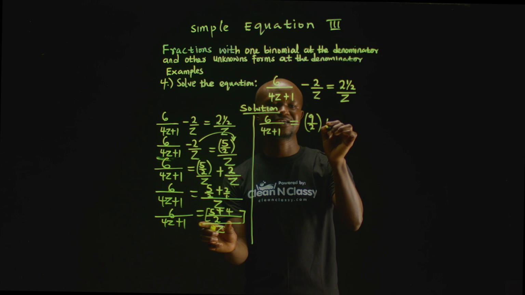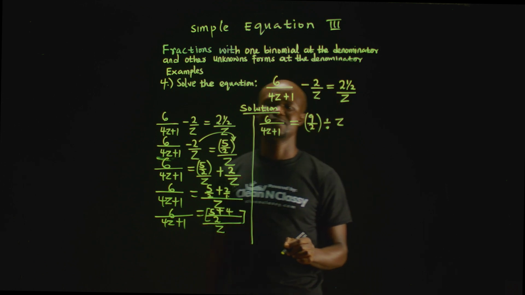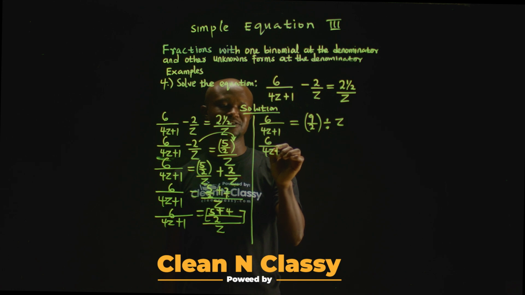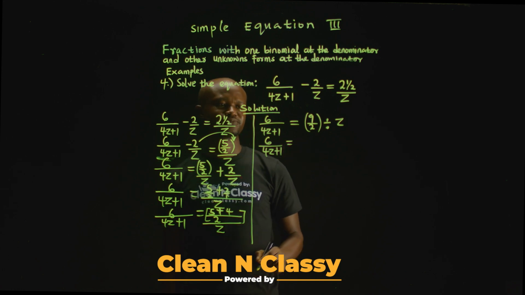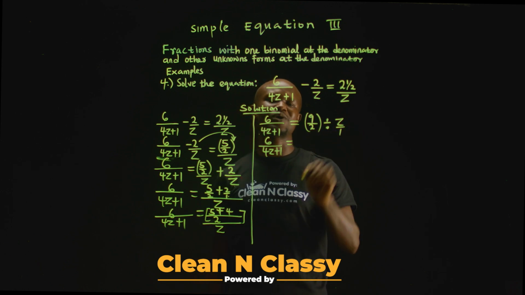So we divide everything here by z. Now we have 6 divided by 4z plus 1 equals, now this is like z over 1.